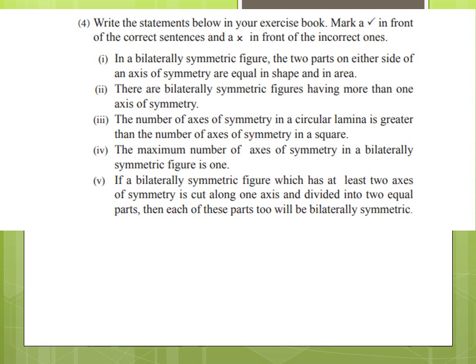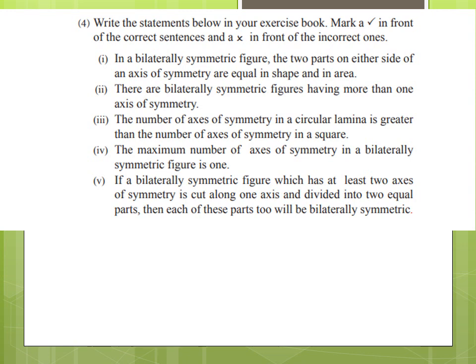I think you all know, as I taught you, that this is a correct statement, because in a bilateral symmetric figure, the two parts on either side of an axis of symmetry are equal in shape and in area.